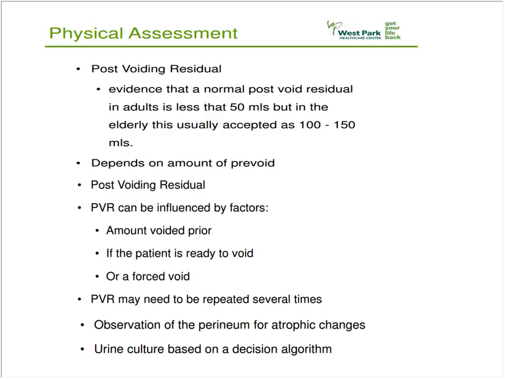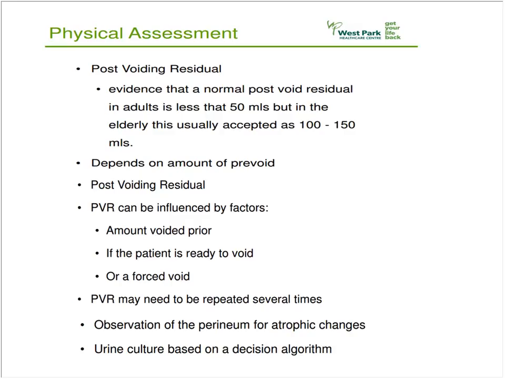The inner lips can sometimes completely disappear. It's very dry tissue, so you want to look for atrophic changes and an obvious prolapse. A prolapse of the bladder that's obvious looks like a protruding egg. A prolapse of the uterus looks more like a sac, but the bladder will look like a protruding egg.